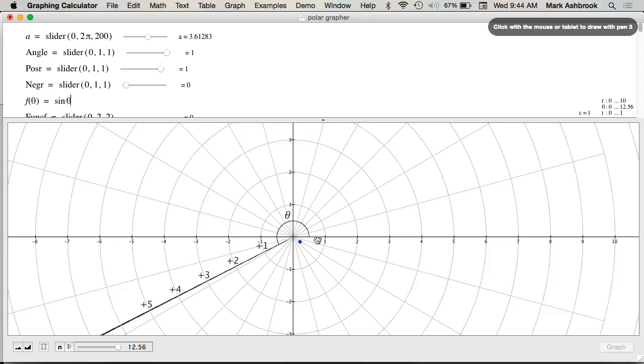This angle right here, this amount of openness, cuts off 3.6 radius lengths of arc length.